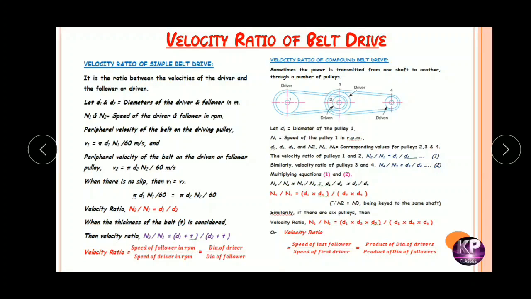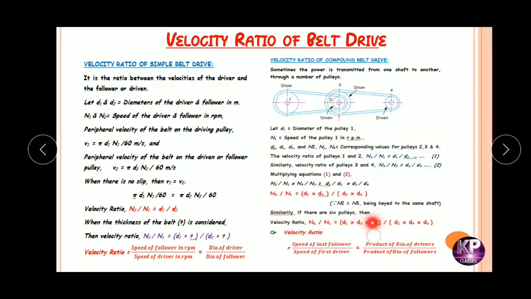Here n2 and n3 are equal because both pulleys are keyed to the same shaft. Therefore n2 equal to n3. As a result, n2 and n3 cancel each other. Finally n4 by n1 equal to d1 into d3 upon d2 into d4.